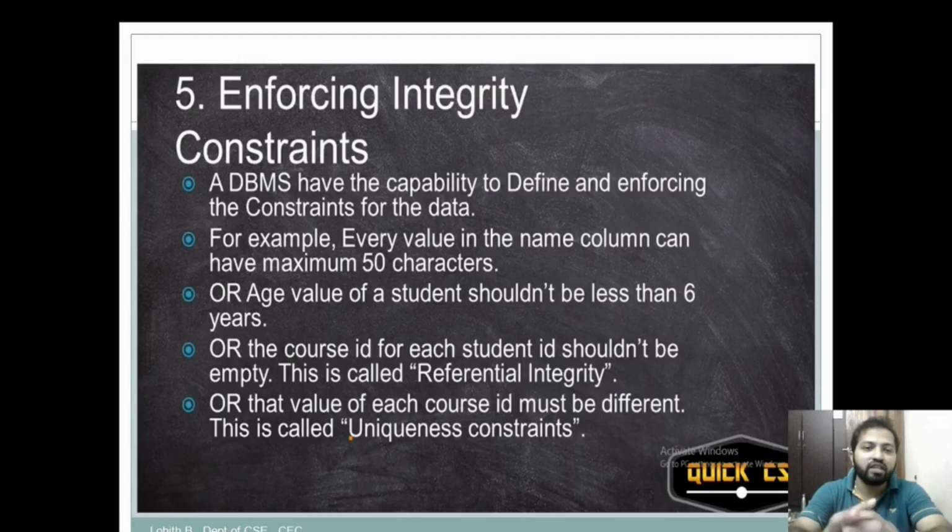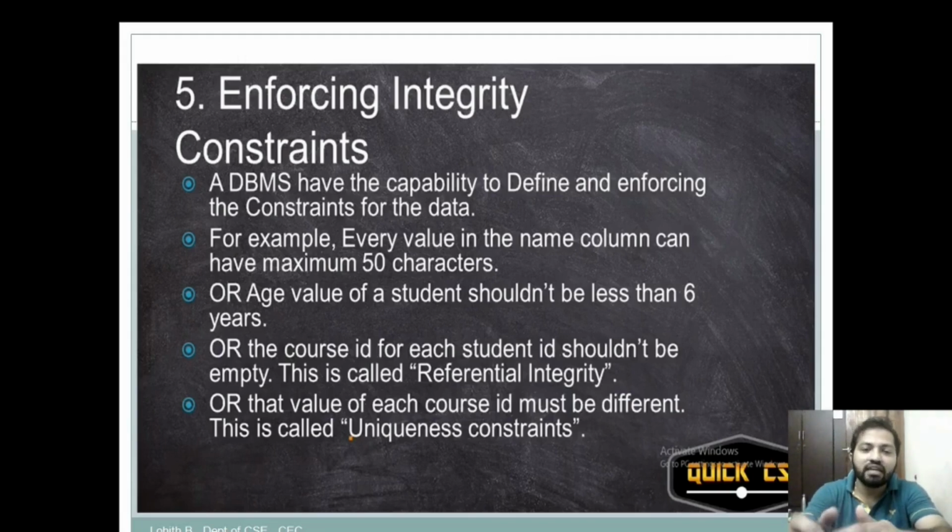This is the fifth advantage, enforcing integrity constraints. The DBMS has the capability to define and enforce constraints for the data. For example, the name column can have a maximum of 50 characters, or the age value of a student shouldn't be less than 6 years. So these are constraints on a particular attribute. Or the course ID for each student ID shouldn't be empty.